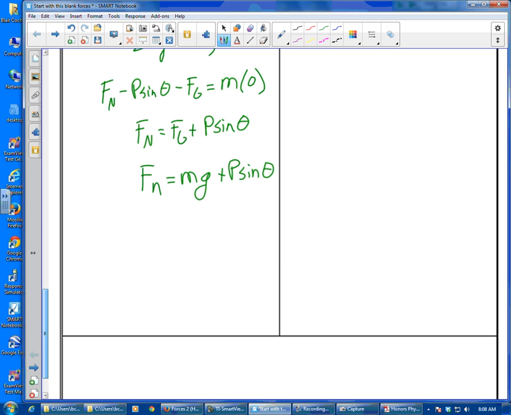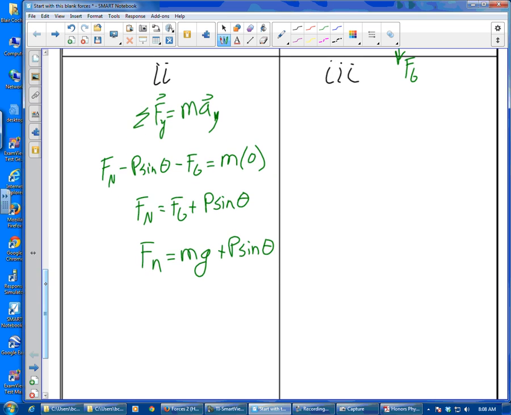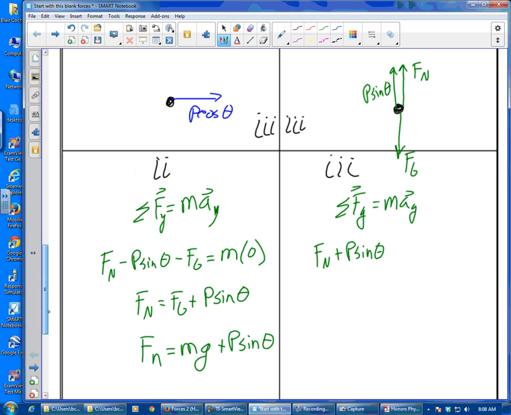Yeah? Okay. And then for number 3, very, very similar, except my P sine theta has flipped, so I have Fn plus P sine theta because now it points upwards, right?